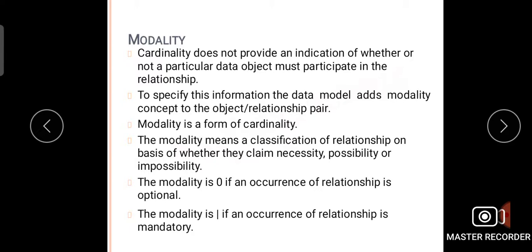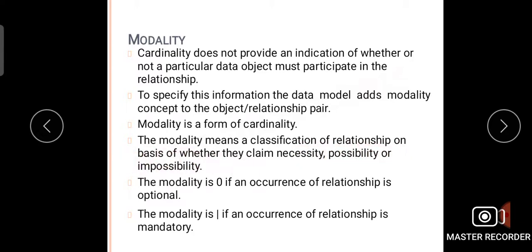Modality is a form of cardinality. Modality means a classification of relationships on the basis of whether they claim necessity, possibility or impossibility.